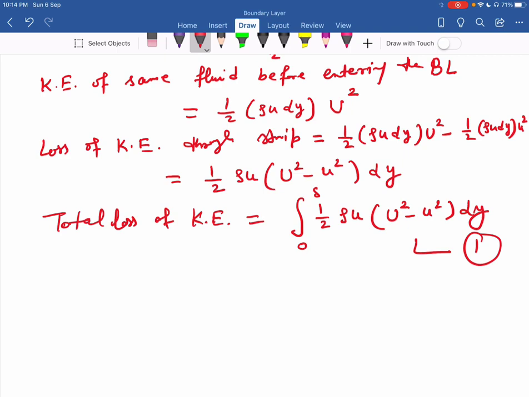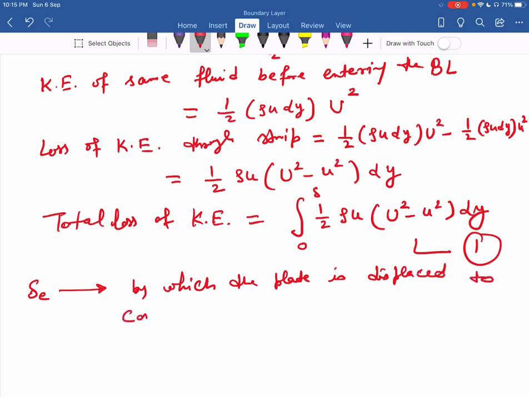Okay. Now say we have delta E distance. Now I move my plate by this distance. So this is the distance delta E by which the plate is displaced to compensate for the reduction of kinetic energy.